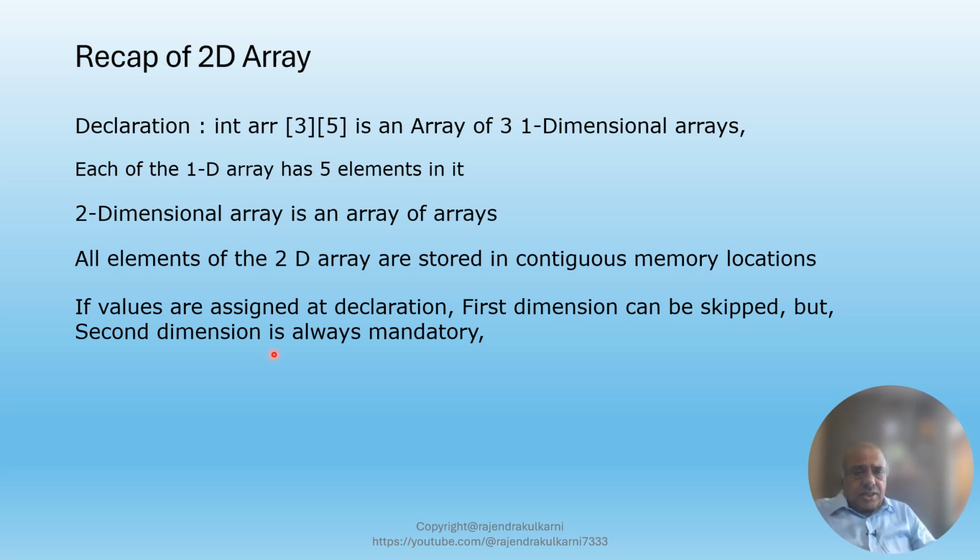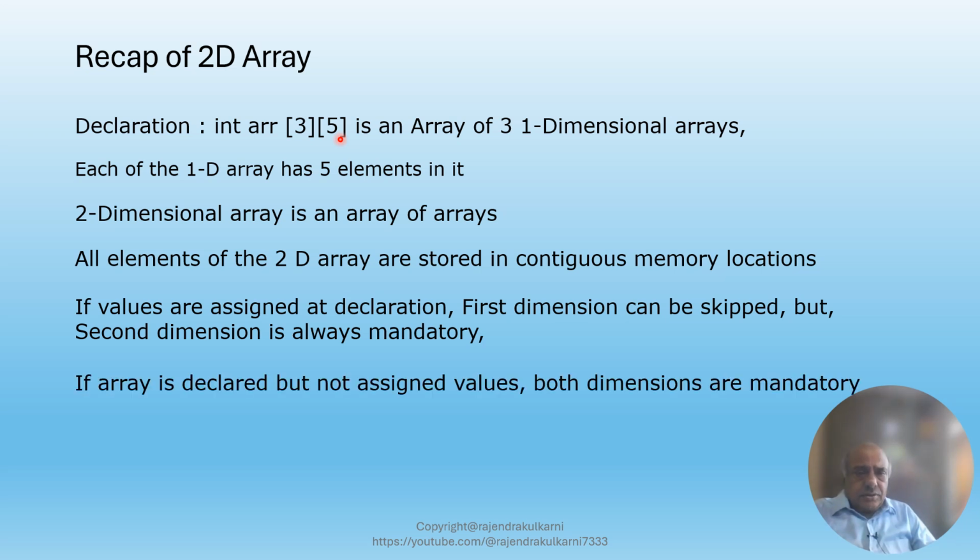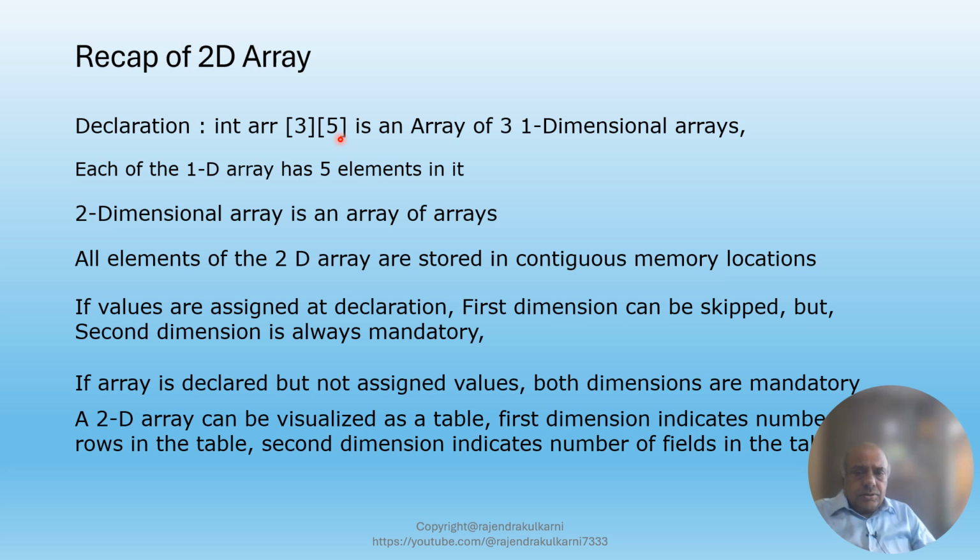If the values are assigned at the declaration, we can skip the first dimension, but the second dimension, which is in the second subscript, is always mandatory. If the array is declared but not assigned, both dimensions are mandatory. We can visualize a 2D array as a table. The first dimension indicates the number of rows in the table and the second dimension indicates the number of fields in the table.